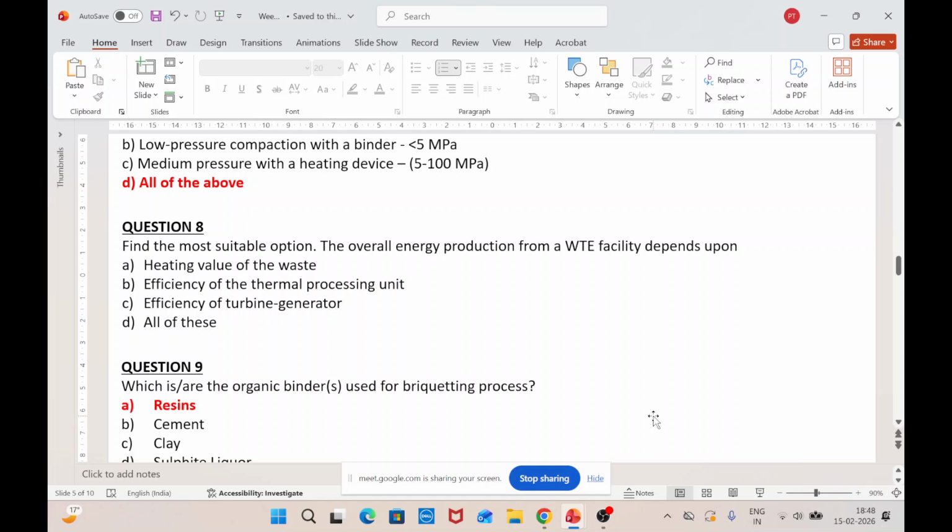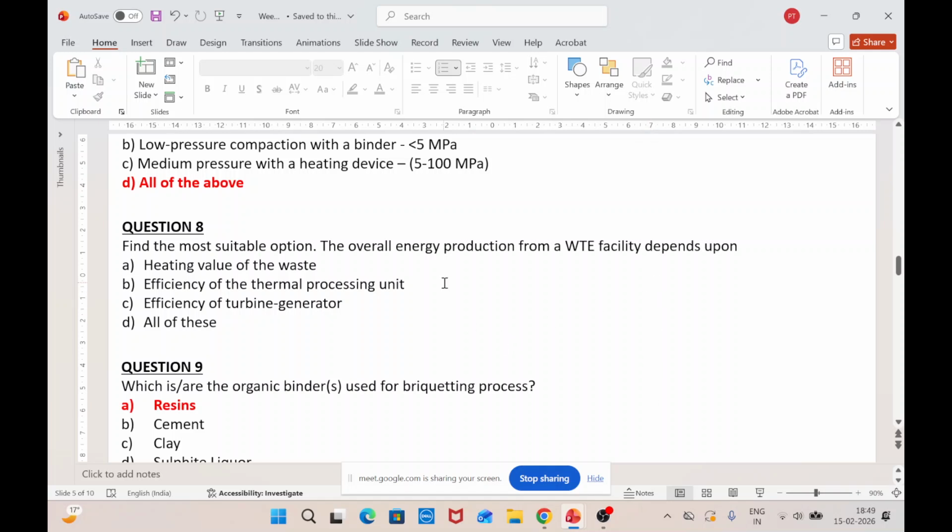Kindly keep a note of this; it is very important. And if you want to determine how long the briquettes will survive under a particular moist condition, you can do an immersion test.